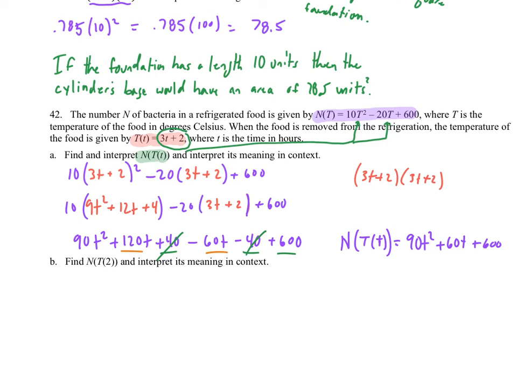So there's our N of t function. What does it mean? The outside letter is what it gives us, so that's the number of bacteria. The inside letter is what it's based on, and that was time. It's the number of bacteria based on the time that the food is out of the refrigerator.